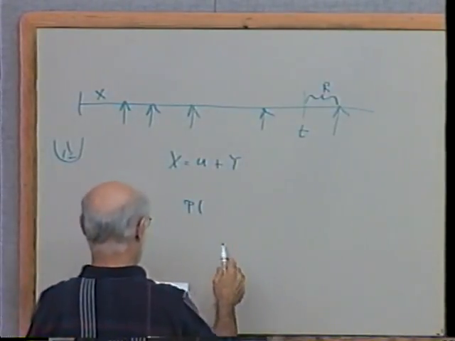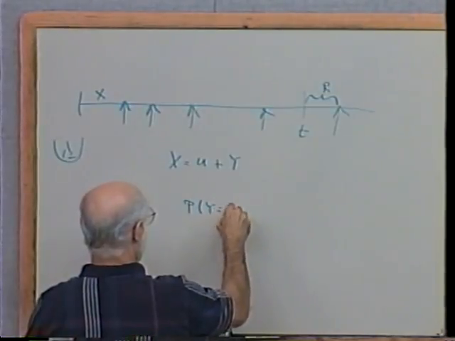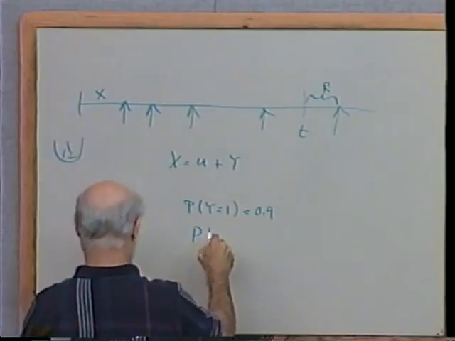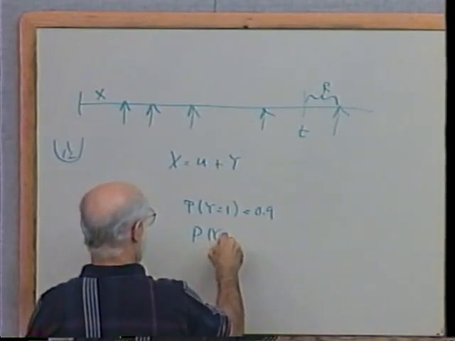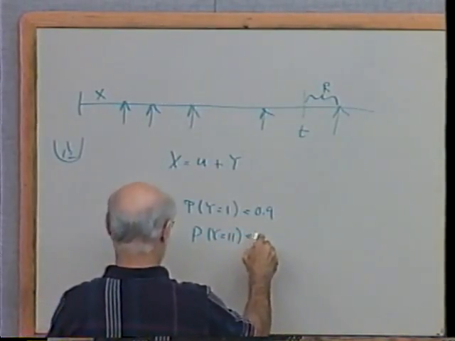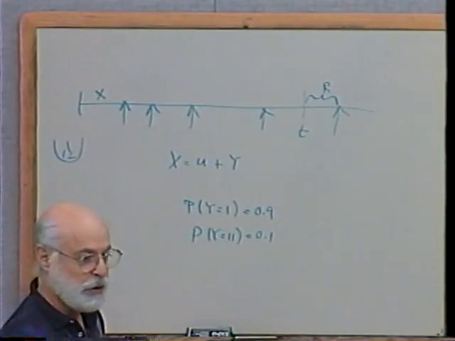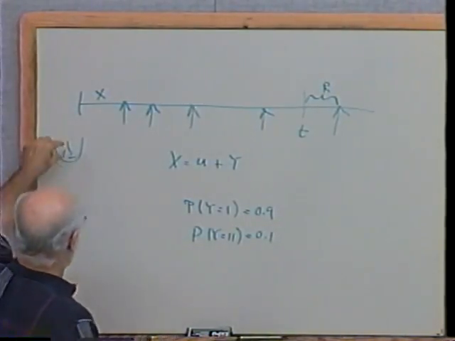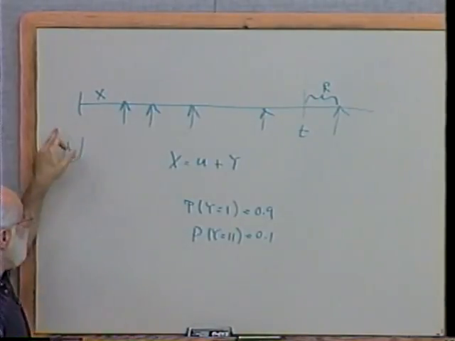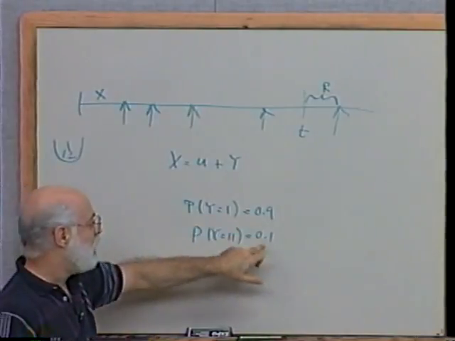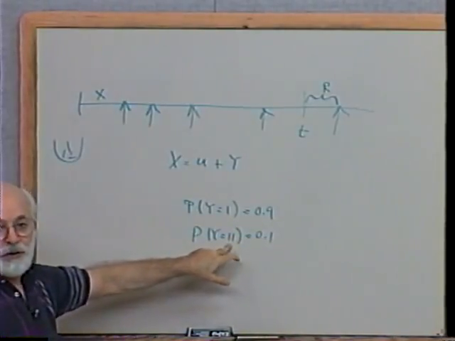The probability that y takes the value 1 is 0.9, and the probability that y takes the value 11 is 0.1. So in other words, you're going to pick from this urn values y, of which 90% of them will be 1s and 10% of them will be 11s.